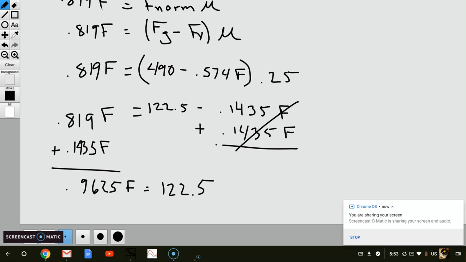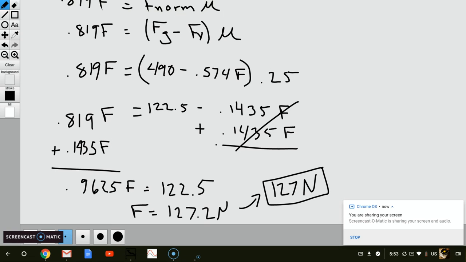Now we just divide, and we get an answer of F is equal to 127.2 newtons, which we will round to 127 newtons.